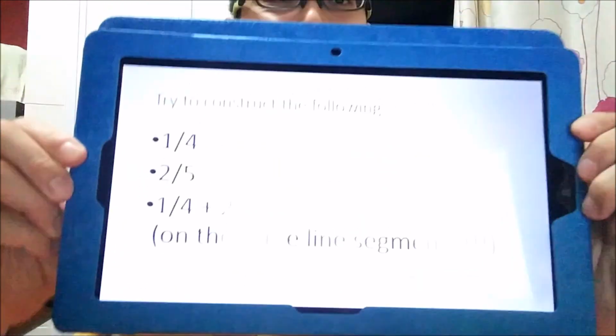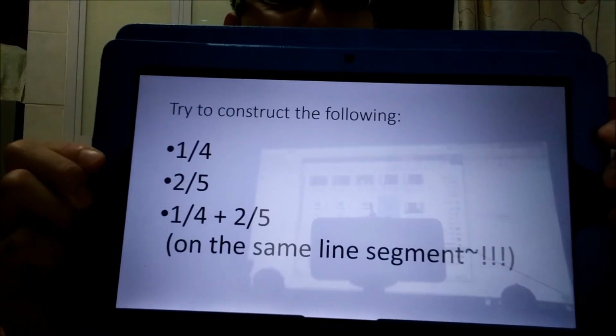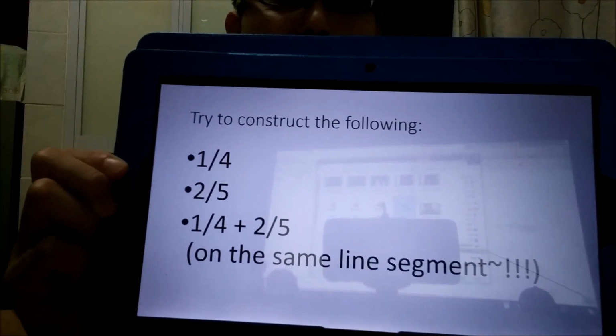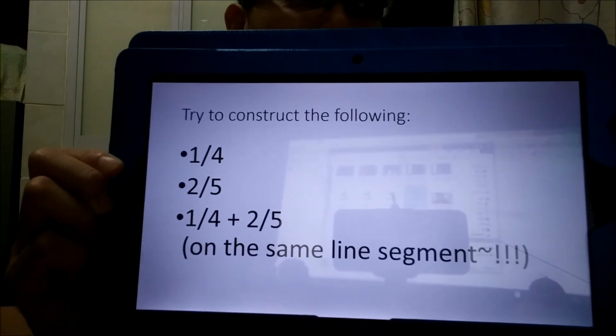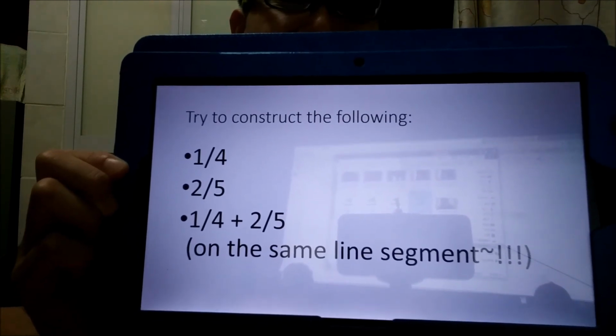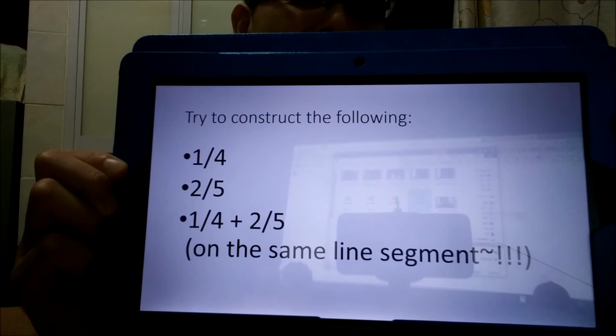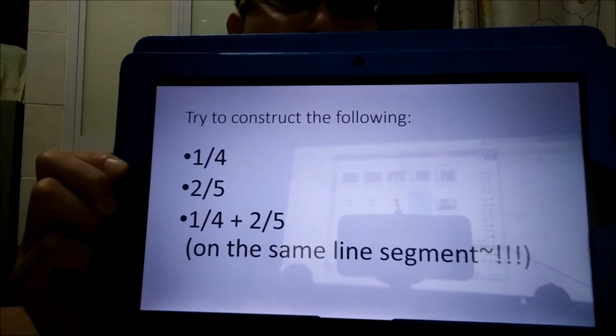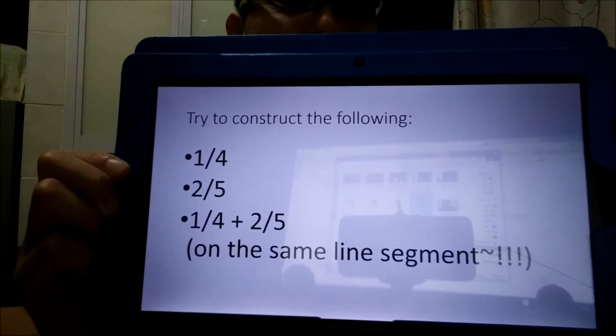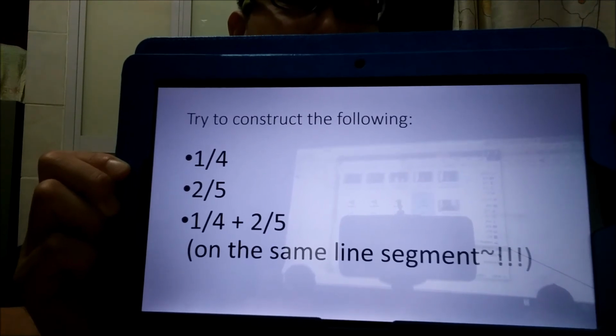I would like you to use Geogebra to construct the following. So first of all, I would like you to see whether you can construct 1/4 on the line segment AB. Then you can make a new line segment to see whether you can also draw 2/5.